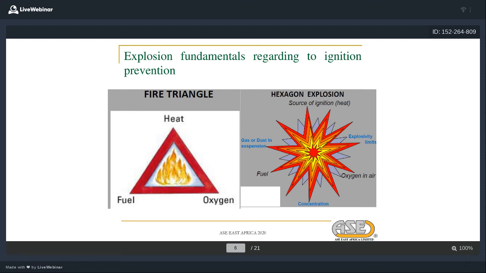By removing one leg of these three factors, explosion or fire will not occur. But fuel and oxygen must be in sufficient quantities. So what do we mean when we say sufficient quantities?